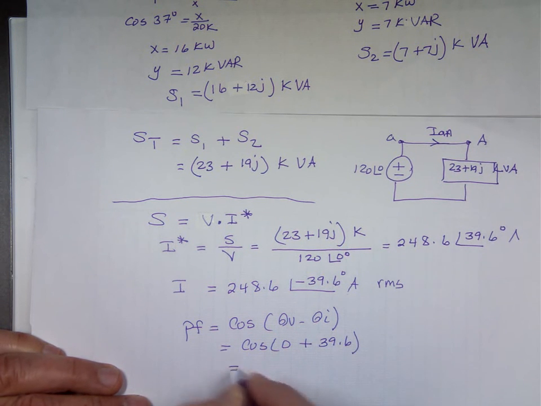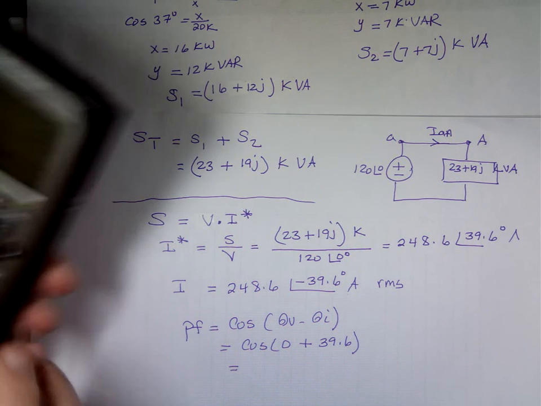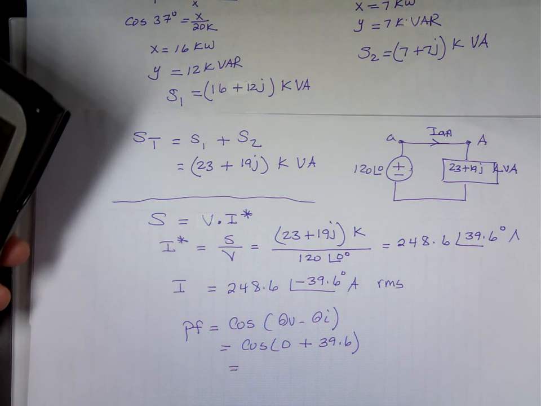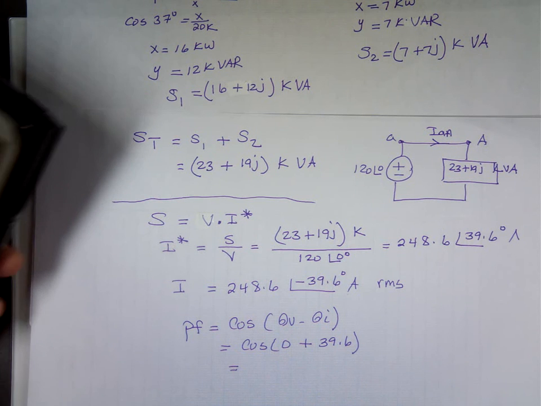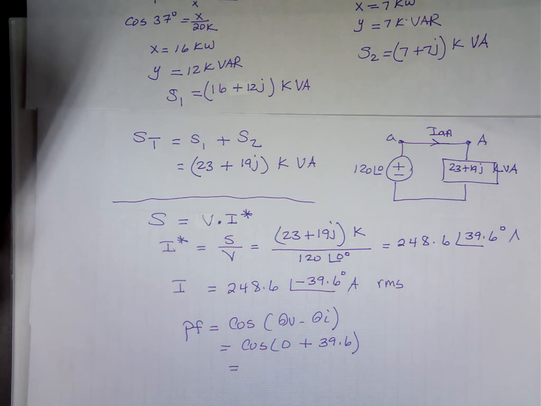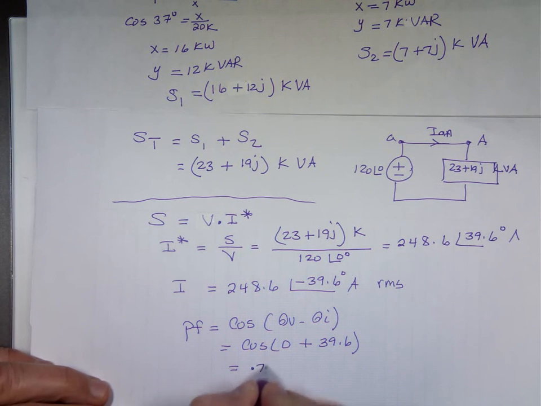So what's the cosine of 39.6? I got 39.6, unless I pushed the wrong button. The cosine of 39.6 came up with 0.77 roughly. And since this angle is positive, that's a lagging power factor.